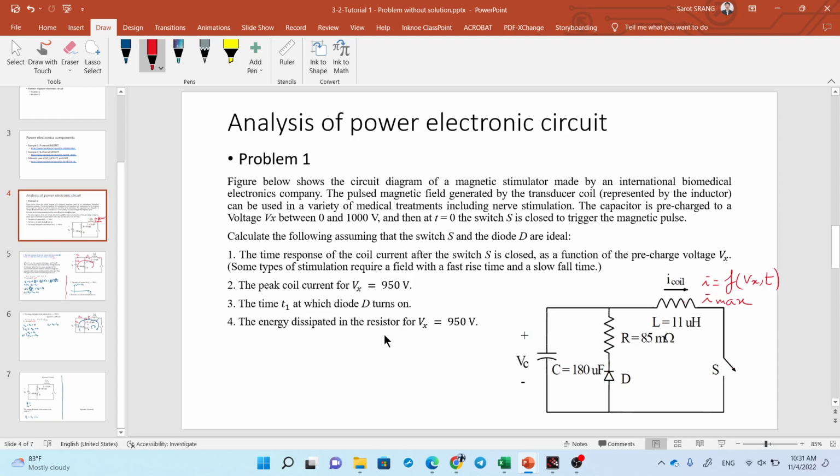And the last question is to calculate the energy dissipated in the resistor if the pre-charge voltage is this one. So now try to understand the problems. If you don't understand, you can ask. Then try to solve this problem one by one.